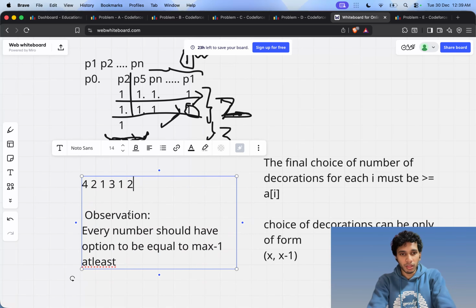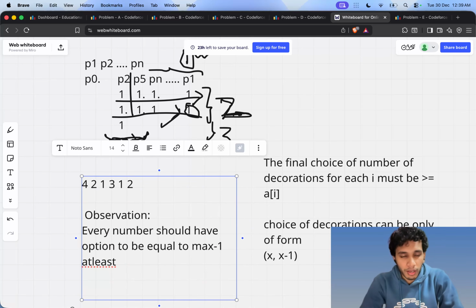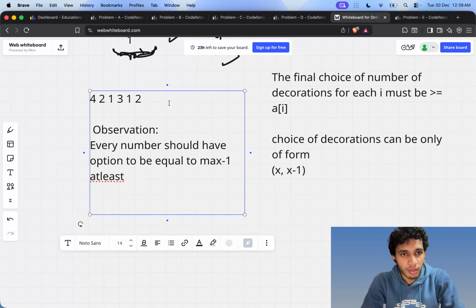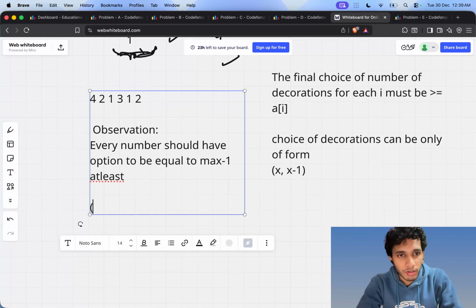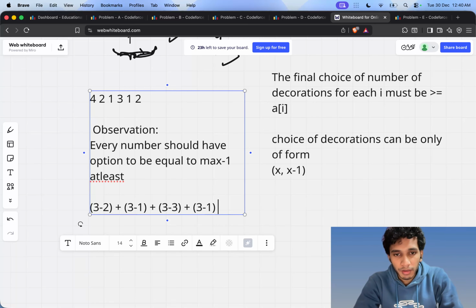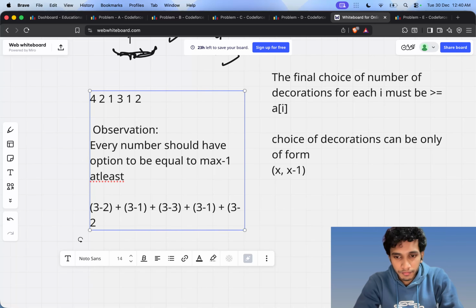So what is the number of decorations P0 should have so that these all have at least 3 decorations? It is equal to 3 minus 2 plus 3 minus 1 plus 3 minus 3. All of them have to reach 3. So how many decorations are required? This is what we are calculating.